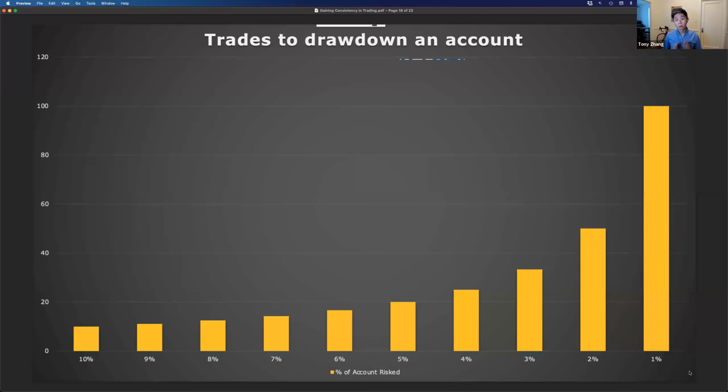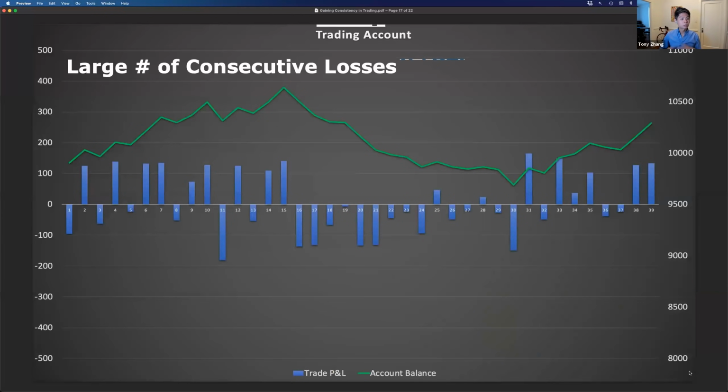Because even when you have a large number of losers, so here's the same chart, same portfolio that I had before, but instead of taking that huge loss here, I have 1, 2, 3, 4, 5, 6, 7, 8, 9 losing trades in a row. But the 9 losing trades in a row that I took stayed within the 2% rule.